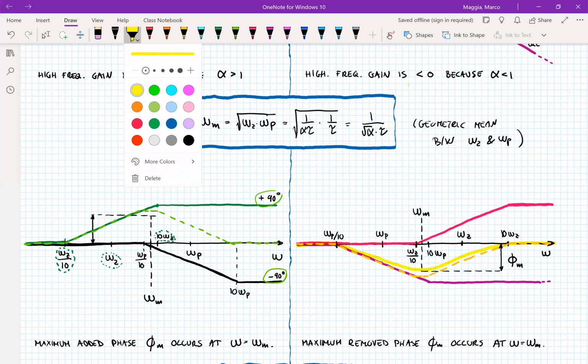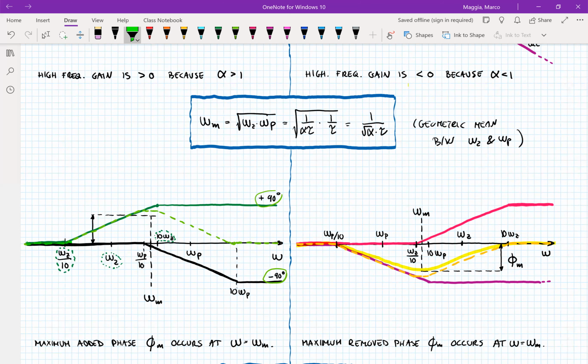So now if we draw the actual phase curve, we have to smooth out things. And so we're going to be a little bit below the asymptotic curve. There we go. So you see now that we have a bump in phase.